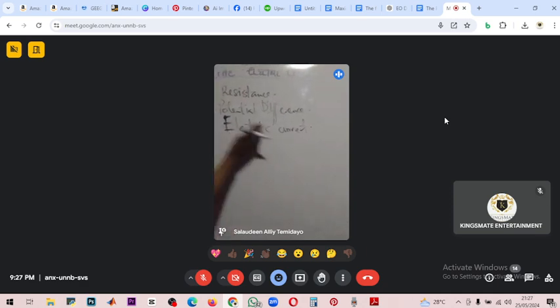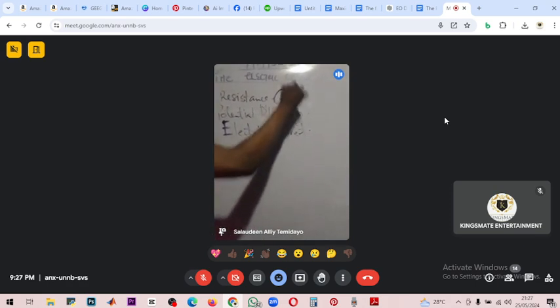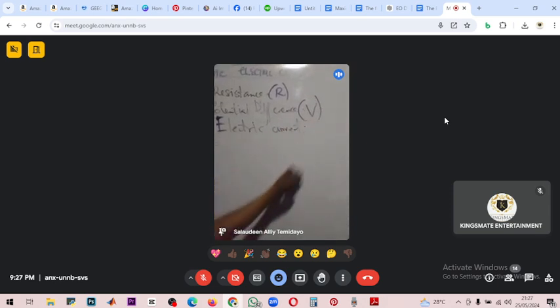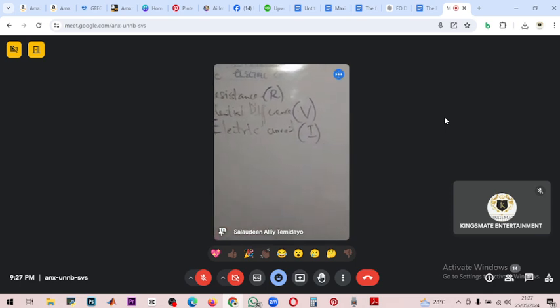Resistance represented as capital letter R, potential difference represented as capital letter V, electric current represented as capital letter I.